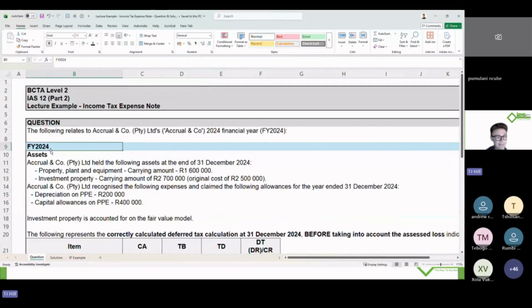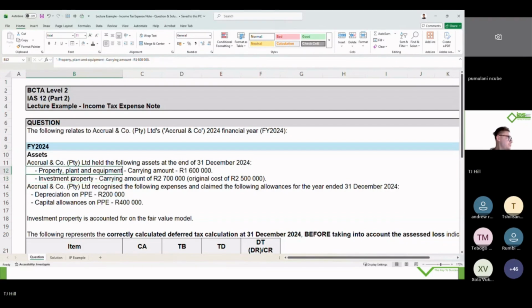And I say to you, what happened last year in 2024 is that we had the following assets at the end of last year: PPE with a carrying amount of 1.6, okay, and investment property with a carrying amount of 2.7 and an original cost of 2.5.